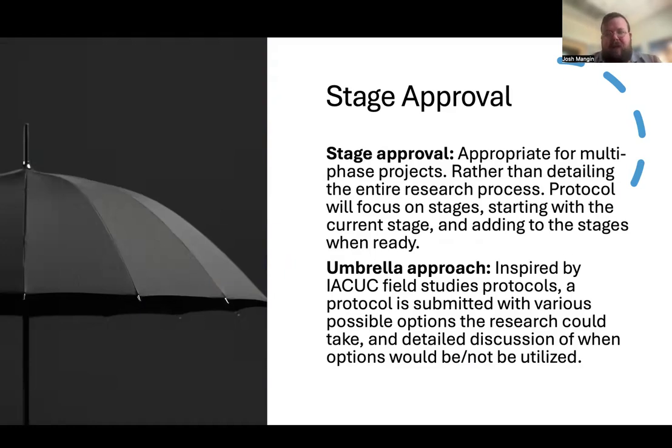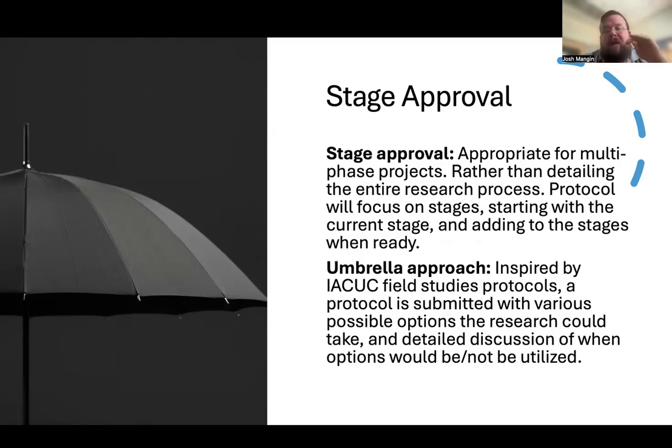The other suggestion I want to give too is we may need to change how we view an IRB approval. Again, commonly, an IRB protocol, we want it to be from soup to nuts, from start to finish. Some other recommendations, because of the nature of this type of research, I think sometimes it may be appropriate to use a different method. One could be a stage approval process.